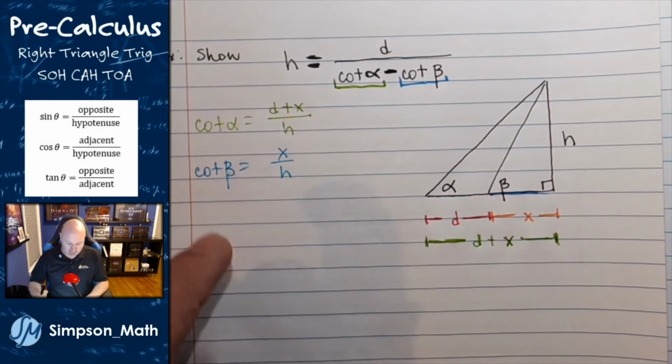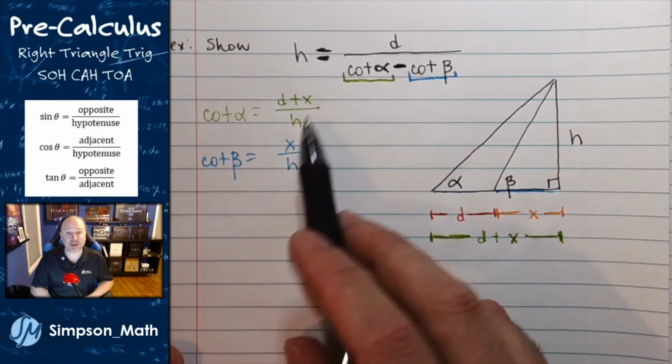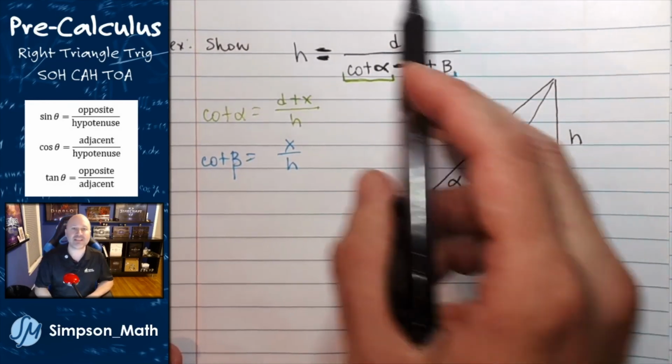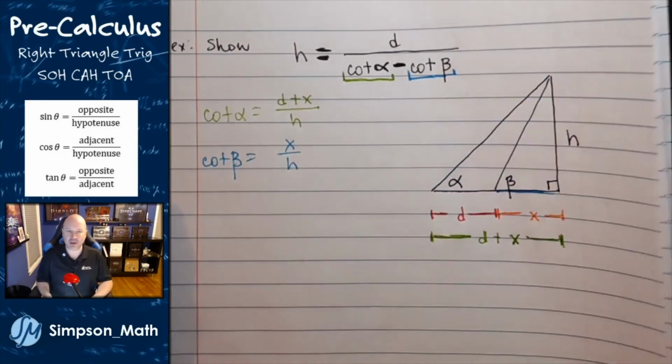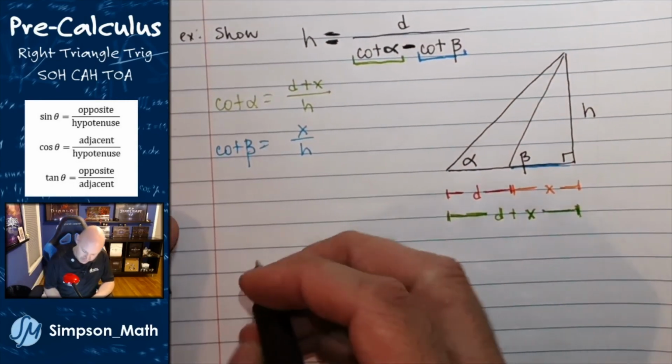All right. I'm going to substitute my green stuff and my blue stuff into this equation and just see if maybe it makes any sense whatsoever.